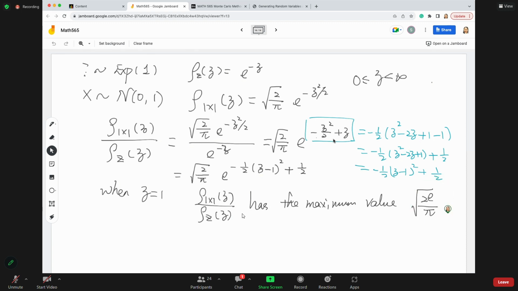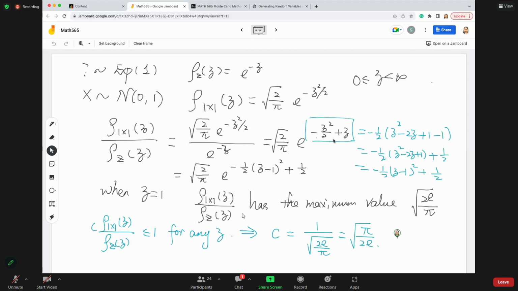And we know c times this rho x over z, and rho z should be less than or equal to 1 for any c. Then what is the maximum value of c? c should be 1 over this 2e over pi, so it should be pi over 2e.